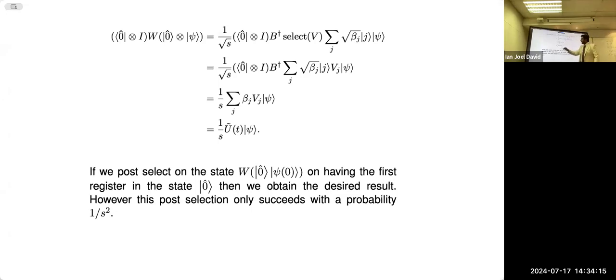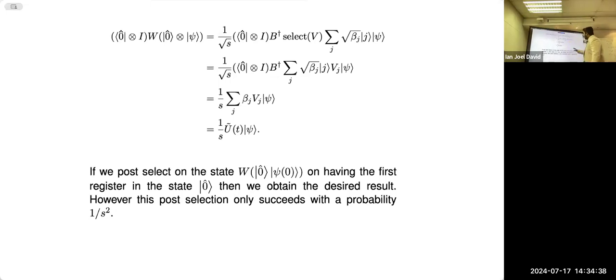You see that the output state that you get here is going to be 1 over S times U tilde of psi. Okay? That's what you get. So you've effectively produced the truncated Taylor series acting on your initial state, but it's proportional by some prefactor, which is 1 over S. Okay?